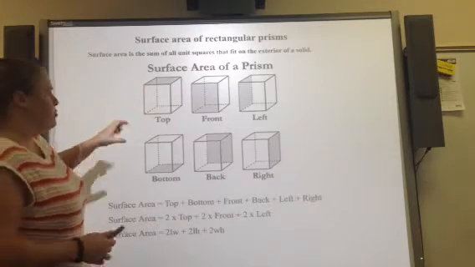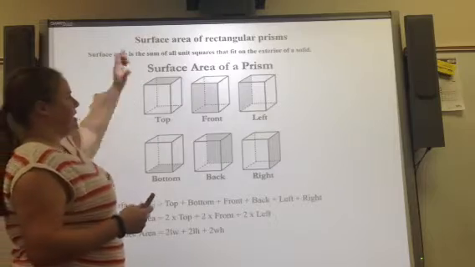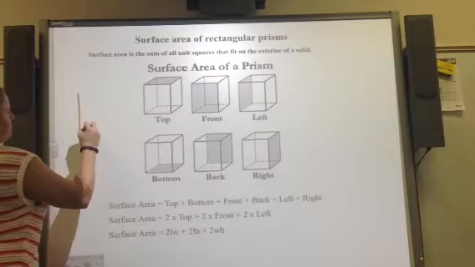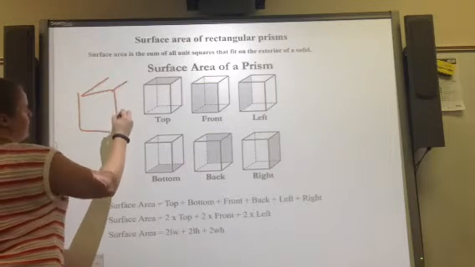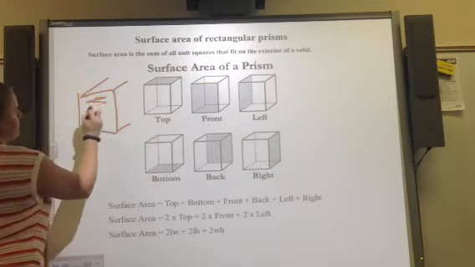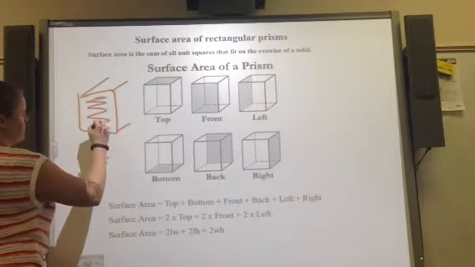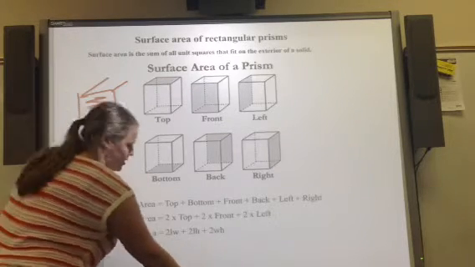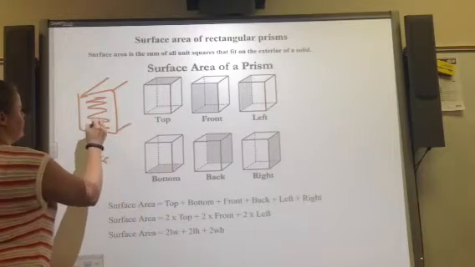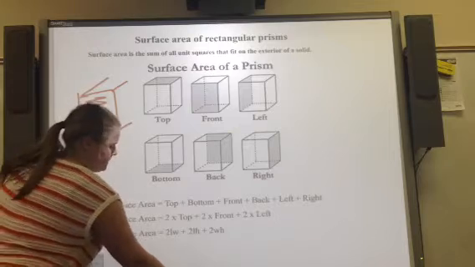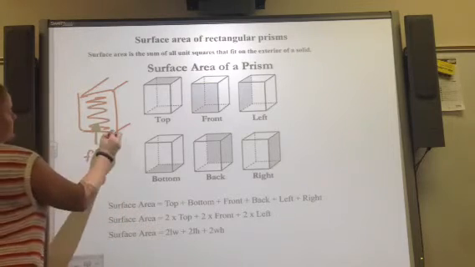If we had a cube, we're trying to find the area of each face of the cube. Remember, the face of our cube, this would be the face. This is the edge.